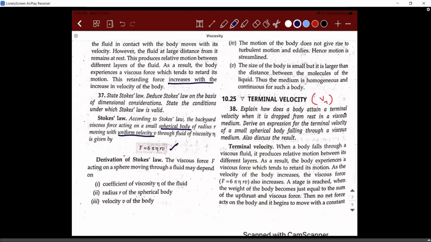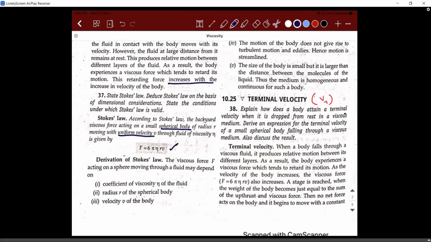We'll see what is the derivation of Stokes law. Okay. So the viscous force that we spoke about, shall I proceed? Yeah. The viscous force that we spoke about was observed to be dependent on three important parameters. What were they?